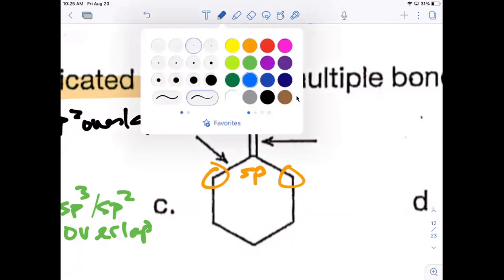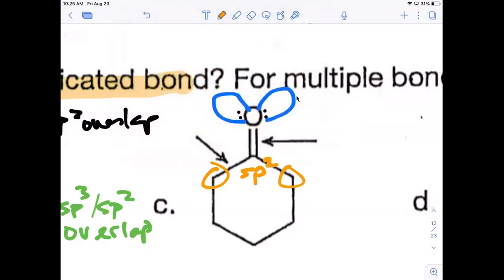So what do you think? sp2. Oxygen is also sp2, right? It fits the characteristic. It has a pi bond to it, and it has 3 groups around it. It has trigonal geometry. So it's also sp2. So that bond between carbon and oxygen in this case is sp2-sp2 overlap.